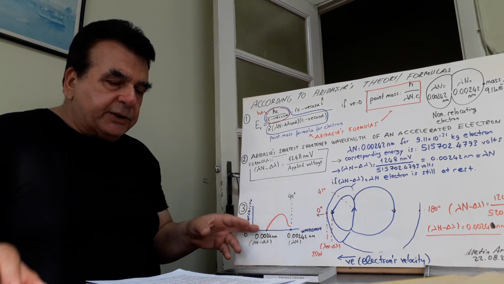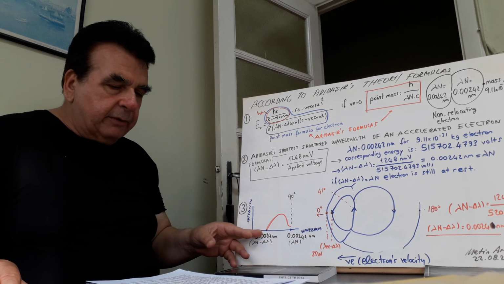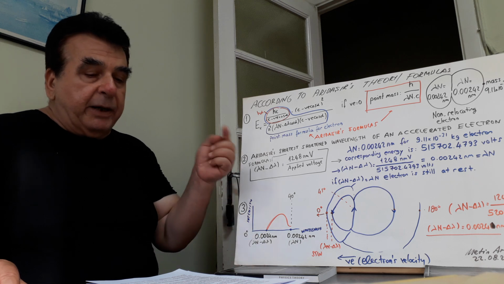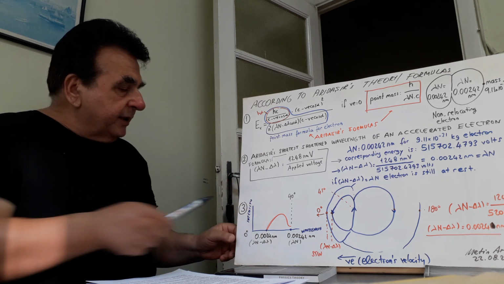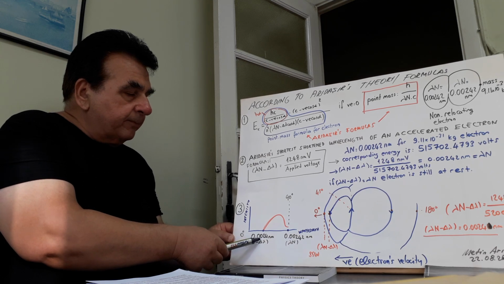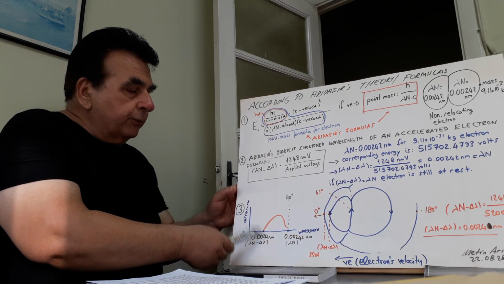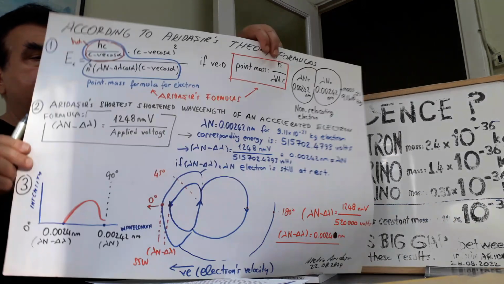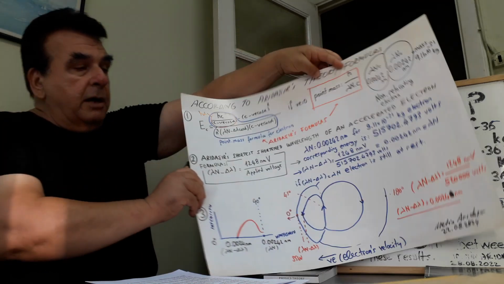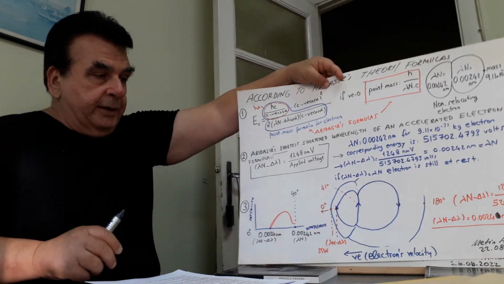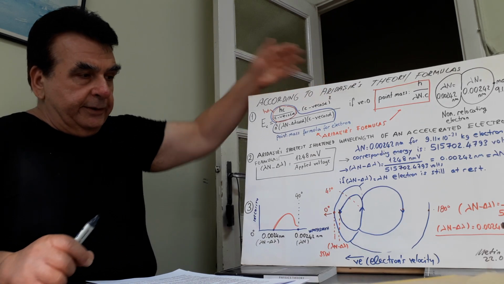Here the smallest wavelength, the shortest shortened wavelength of the electron, depending on the applied voltage and therefore its speed, is 0.0024 nanometer. Snapshot. From now on, please carefully listen to me.